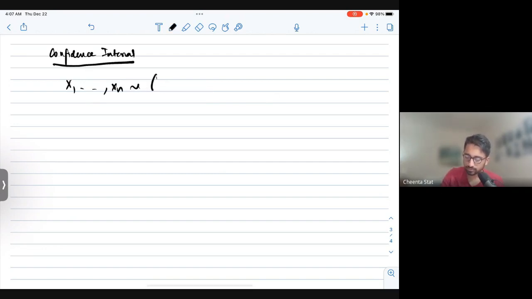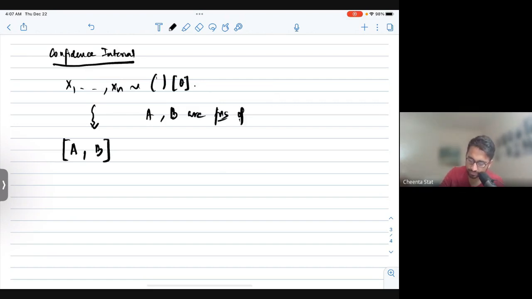Now, from this data set, you have to find an A and a B. A and B are functions of the data x1, x2, xn. So this is statistical estimation and testing hypothesis mixed together. You will see how. Initially, it will seem like a statistical estimation problem, but essentially, it can be derived out of testing a hypothesis.